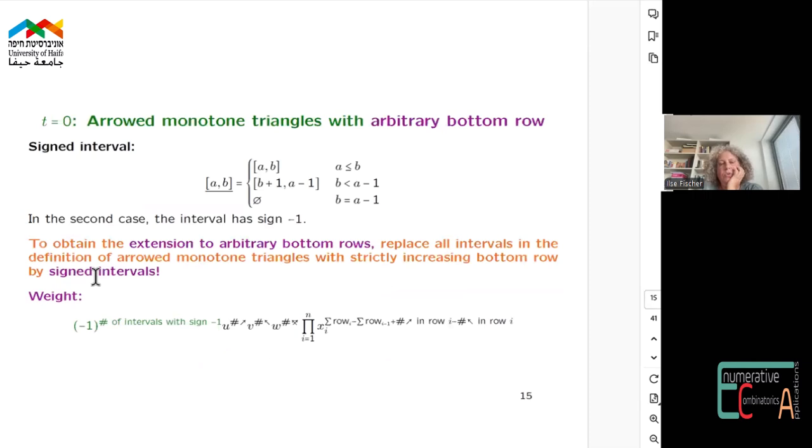Then you also have to modify the weight slightly. You only have to introduce a certain sign. You count the number of intervals with negative sign. So that's a slight modification of the weight.